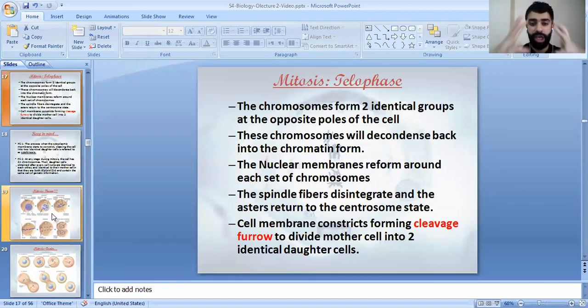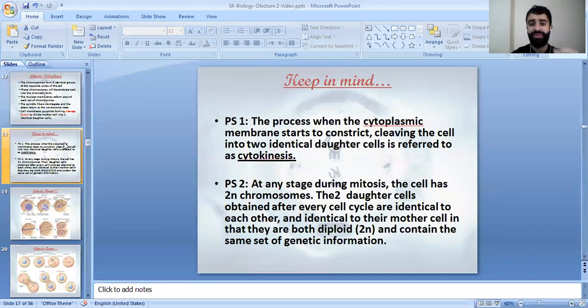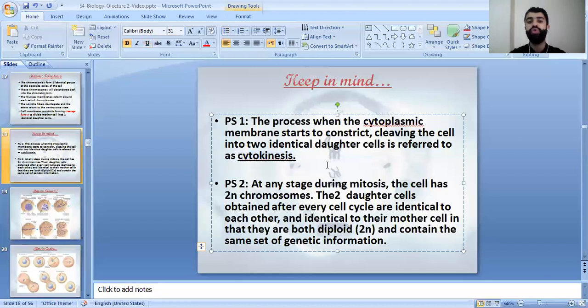The cell membrane constricts. This constriction is called the cleavage furrow, to divide into 2 identical sister cells. And you have to keep in mind that the process where the cytoplasm starts to constrict is called cytokinesis, where the cell is split into 2 identical daughter cells.